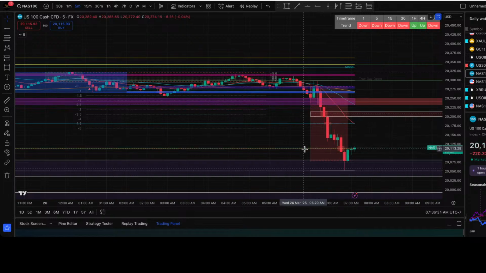Some of the biggest areas to the downside have been taken. Can it keep pushing down further? It can. But these were safety nets. These were the low-hanging fruits. The previous day low, this 4-hour fair value gap.